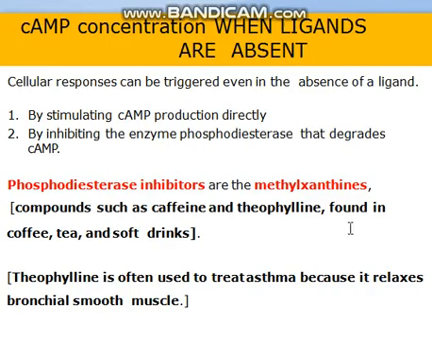So what happens when the ligands are absent, but the cyclic AMP concentration is there within the cell? Cellular responses can be triggered even in the absence of a ligand by stimulating cAMP production directly. The second method is by inhibiting the enzyme phosphodiesterase that degrades cAMP.